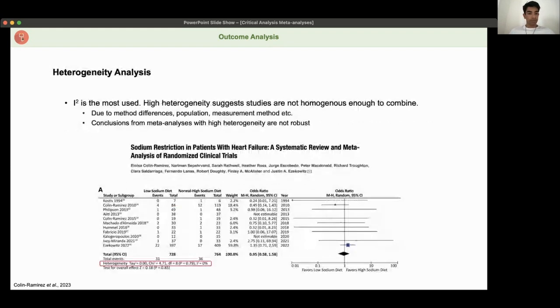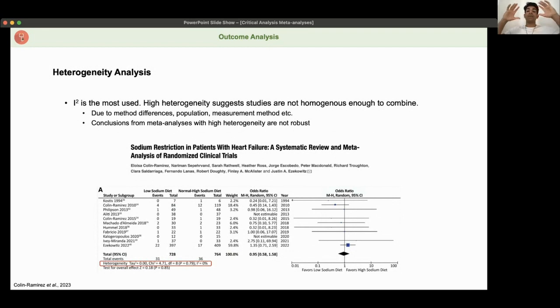Moving on, heterogeneity analysis. So we just mentioned heterogeneity before, and it basically tells you how different the studies are from each other. And you use something called the I-square statistic to assess heterogeneity in the studies you've included in the meta-analysis.